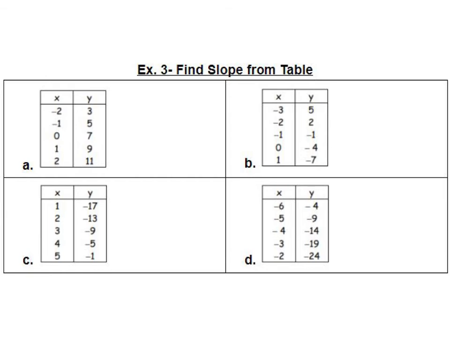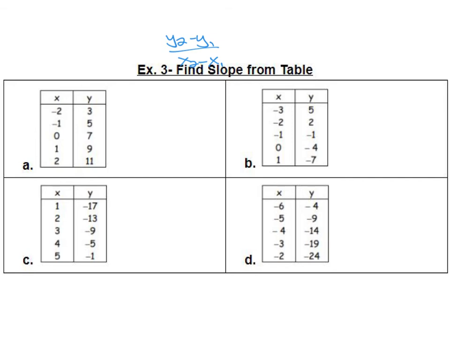Okay, so when we look at finding slopes from tables, there's 2 ways to go about these. We can just continue with our y2 minus y1 over x2 minus x1, and just pick 2 points.